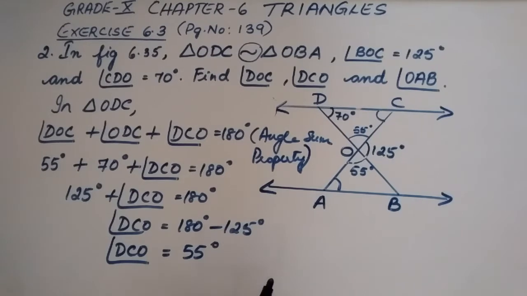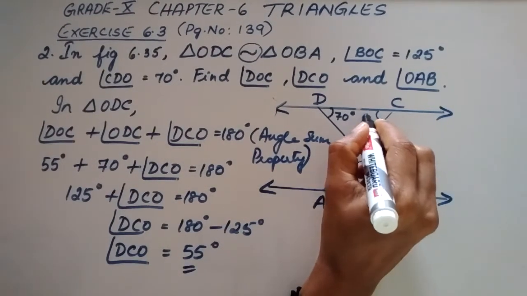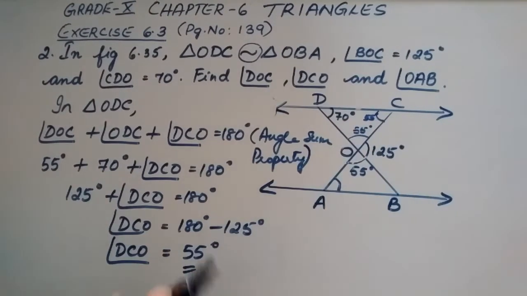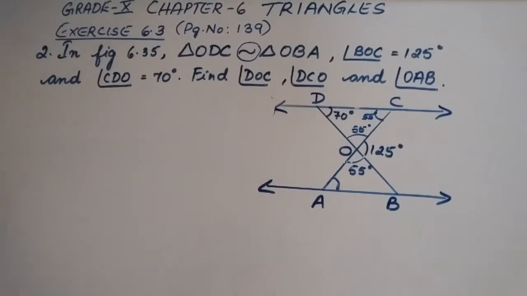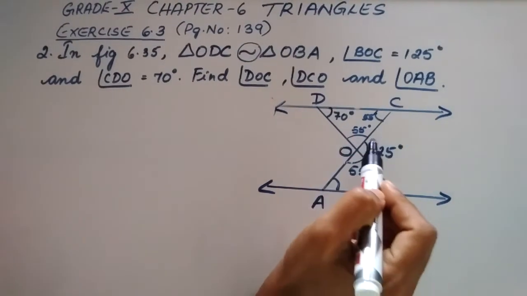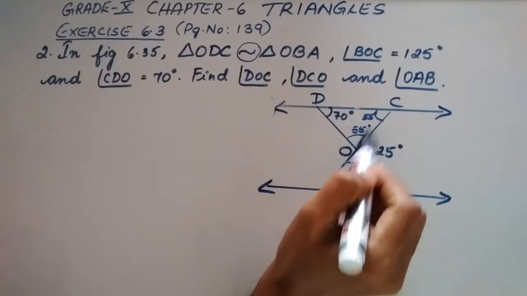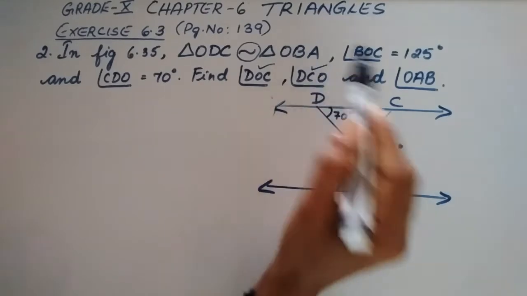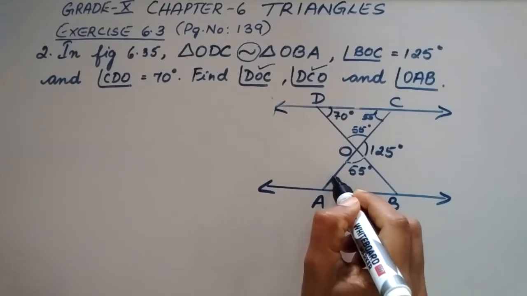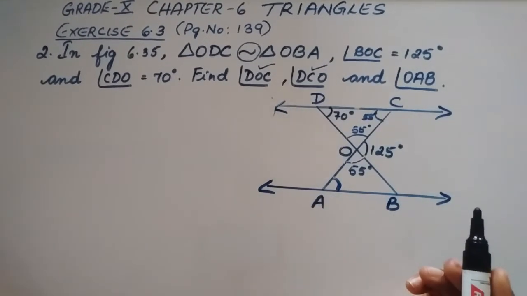So we got angle DCO as 55 degree using the angle sum property. So we found two angles, angle DOC and angle DCO, and now we have to find this angle.